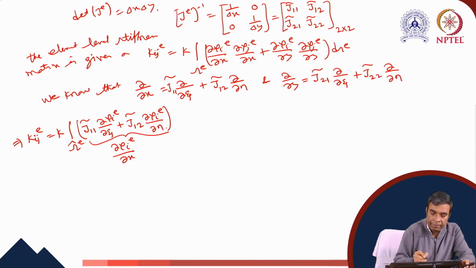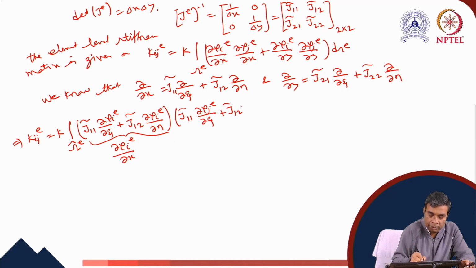Then we have del psi J del x. This will be j11 tilde del psi J del xi plus j12 tilde del psi J del eta. So this is equivalent to del psi J del x.